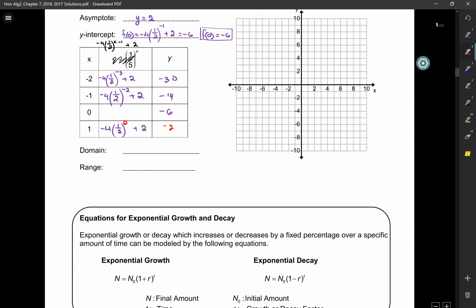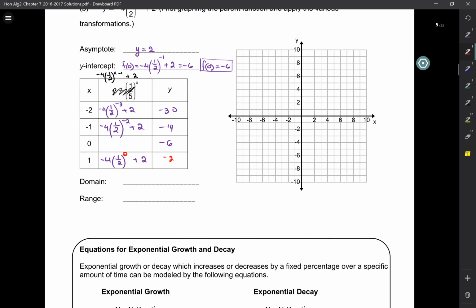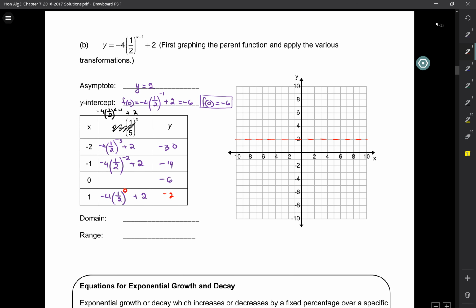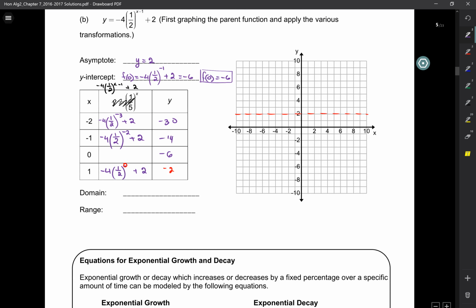Okay, so the asymptote we said was y equals 2. All right, I'm going to go from the bottom up. So when x is 1, y is negative 2.